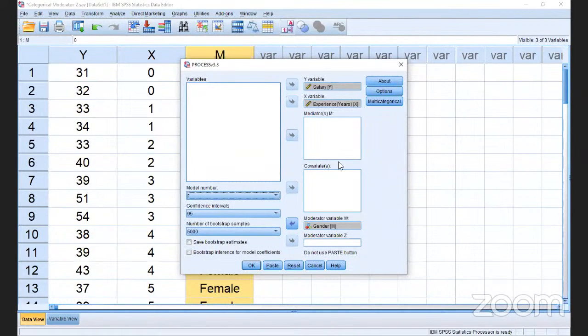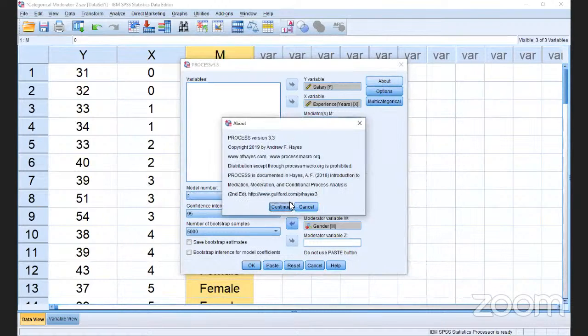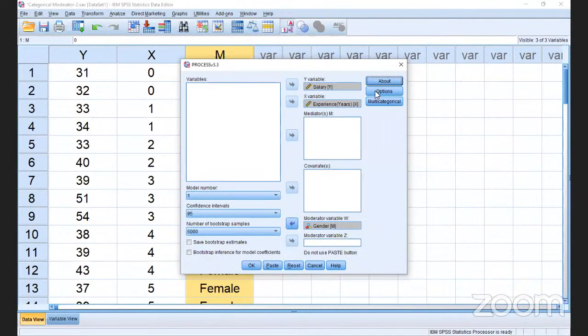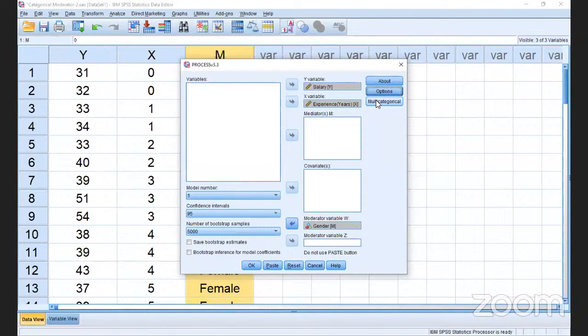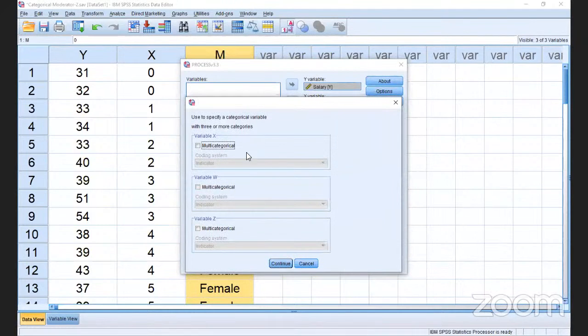Then options, nothing to do here, and then multi-categorical. We do not need to do anything, because we use this when the moderator variable has 3 or more categories, but in our case we have two categories, male and female.